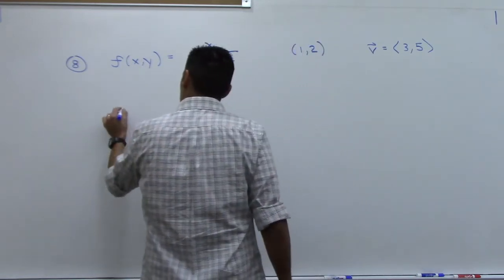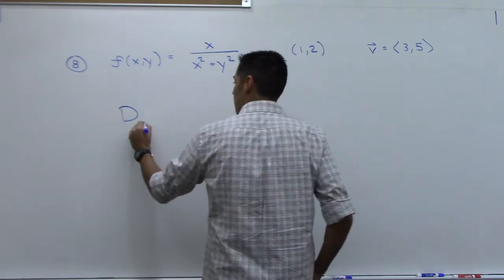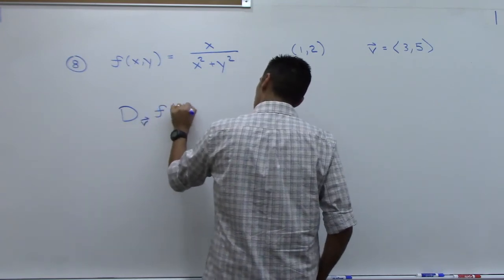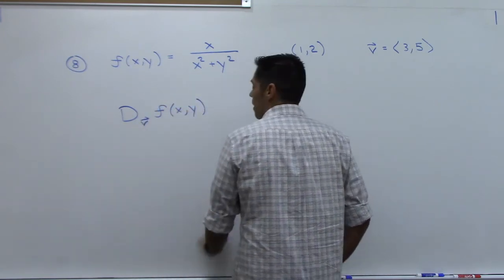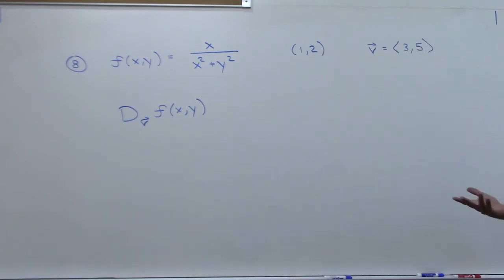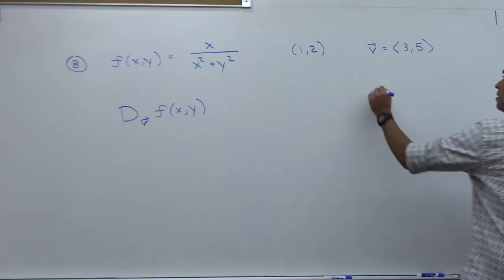So I want the directional derivative in the direction of v of the function f of x, y, but at this point. Well, we have a formula for this. But I need to make sure that v is a unit vector. Let me check it. What's the magnitude of v?